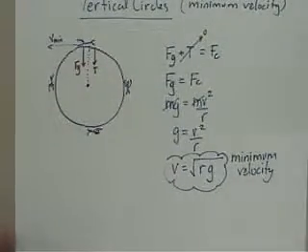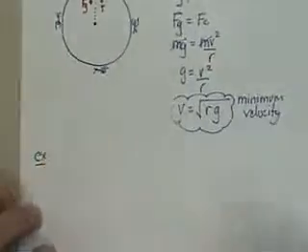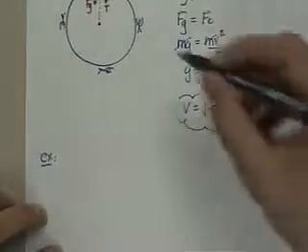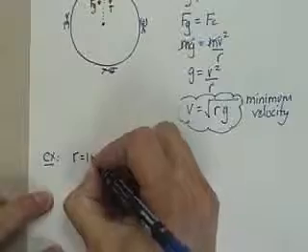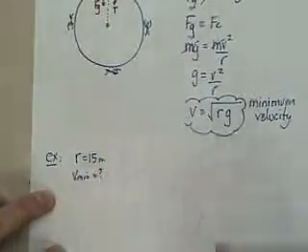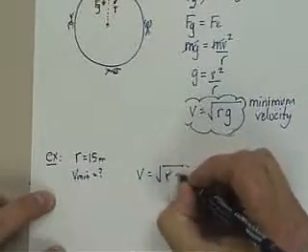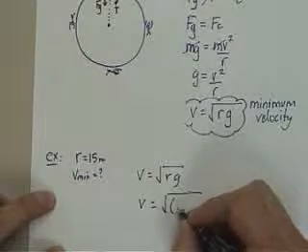Okay, let's just do a little quick example. Let's say that we take our chemistry teacher and we're going to tie them to a rope and we're going to spin them around in a radius of 15 meters. And we'd like to know the minimum velocity that they will experience at that rate. Well, square root of rg. Radius is 15.